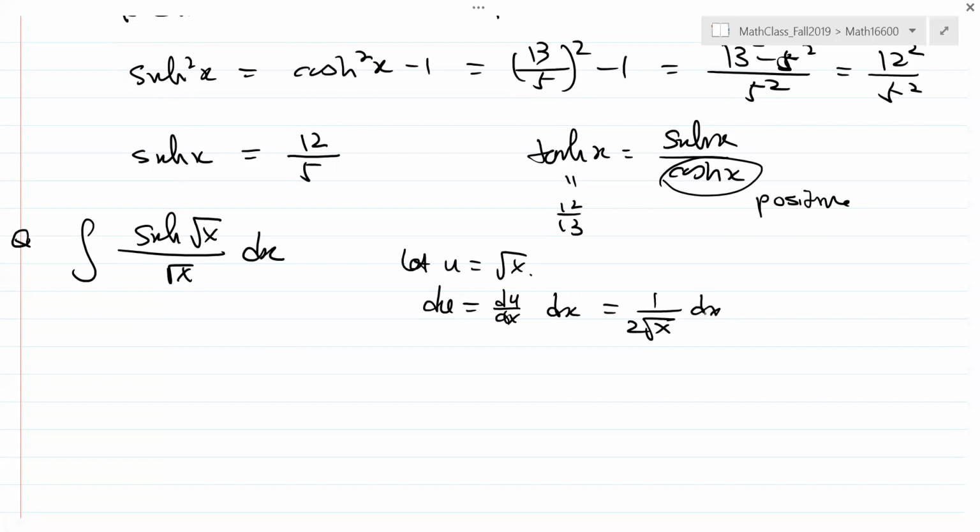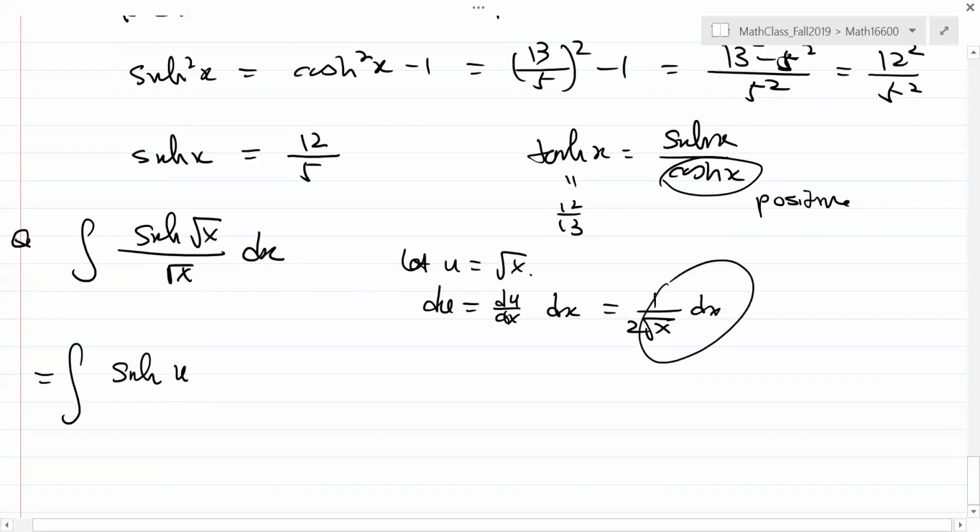All right, so now we go back to the integral. Square root of x becomes u, and dx over square root of x is going to be 2 du. So it's just 2 du.